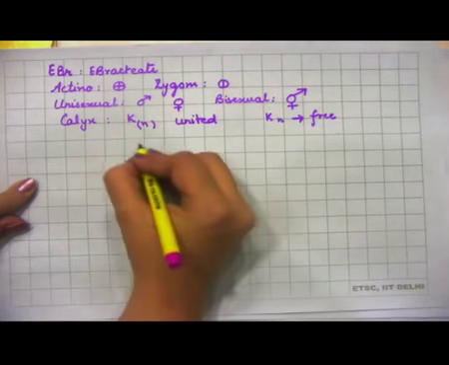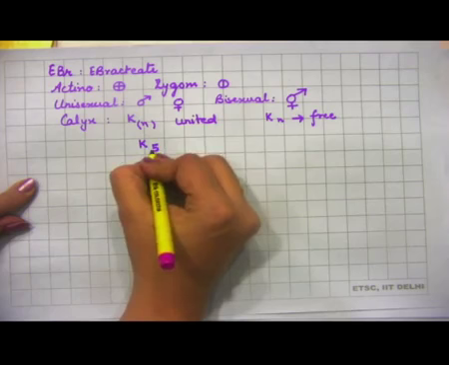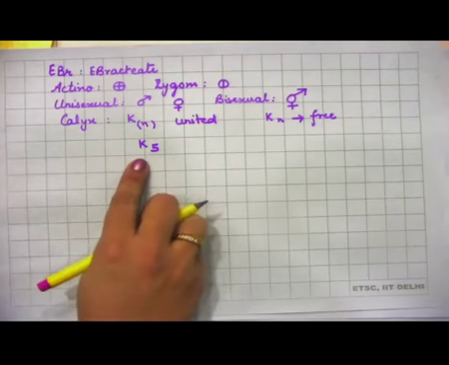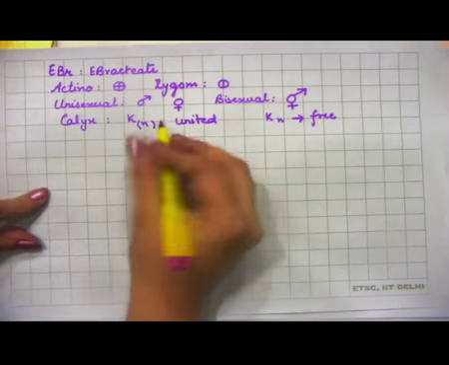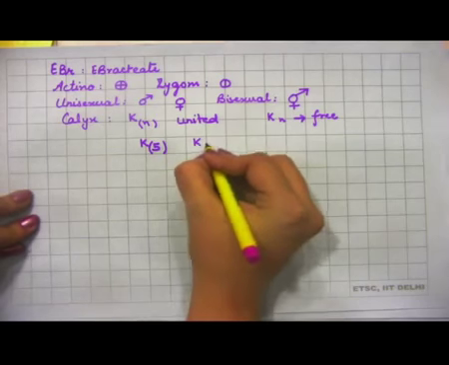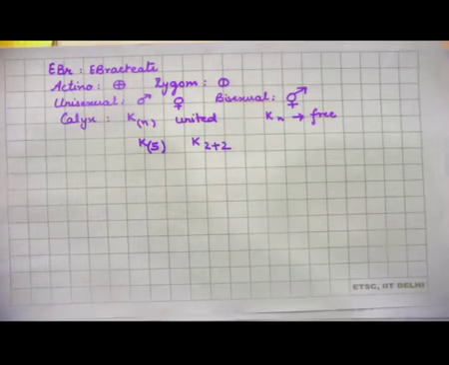For example, if I write K5, this means there are 5 sepals and they are not united. On the other hand, if I write K5 enclosed in a bracket, this means there are 5 sepals and they are all joined. Similarly, I can also write K2 plus 2.